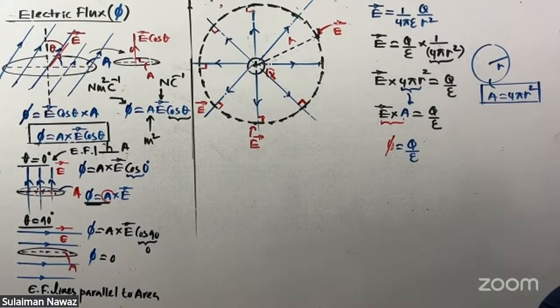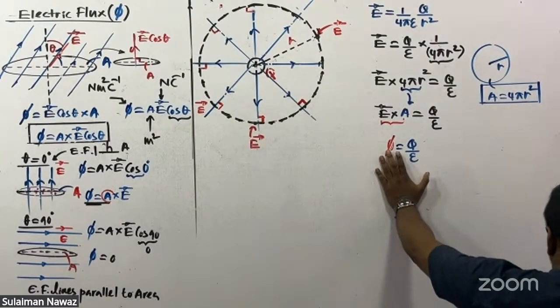Write down: according to the phi equals Q over epsilon equation, electric flux depends on two factors.